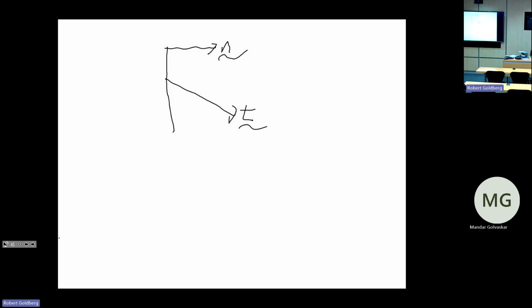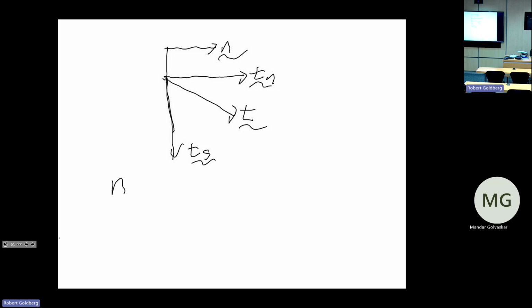We can break this vector up into a component normal to the plane, which will eventually be the normal stress, and a component tangent to the plane, which we'll call the shear stress.